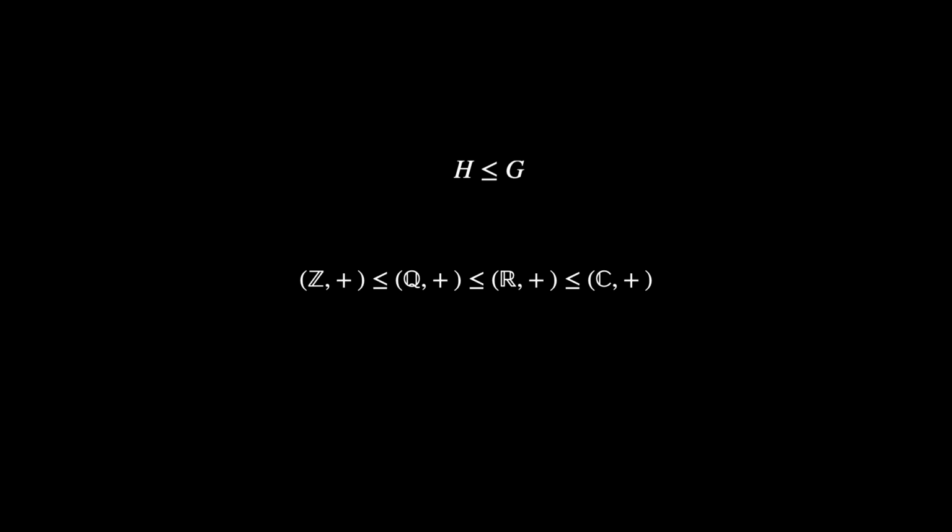So this kind of begs the question, how can we divide up a group? How can we split it into sections that come together to form the group again? And the answer to this is a coset. So what is a coset?